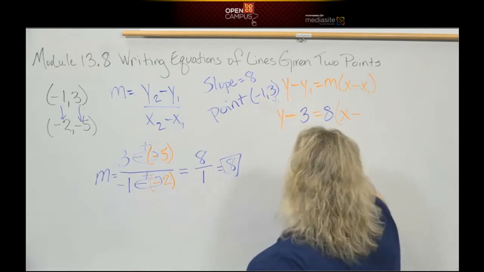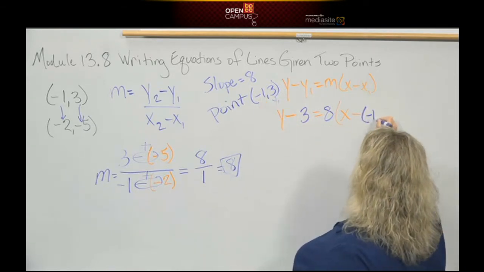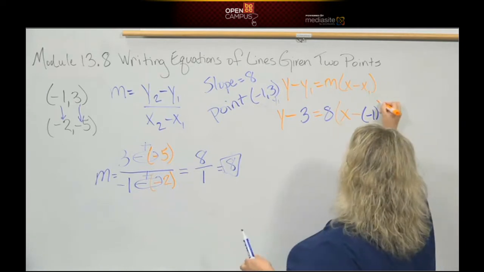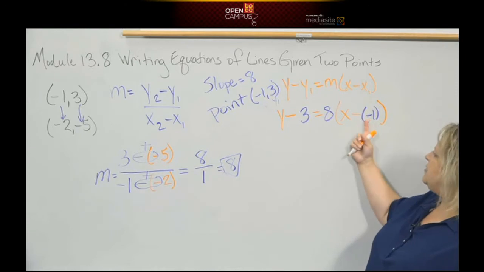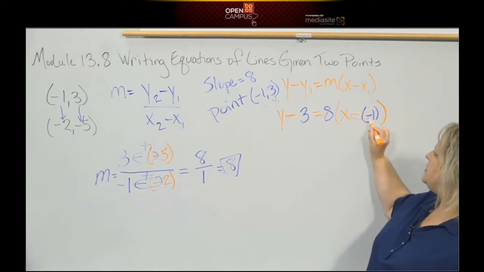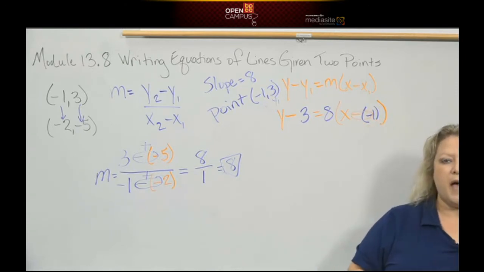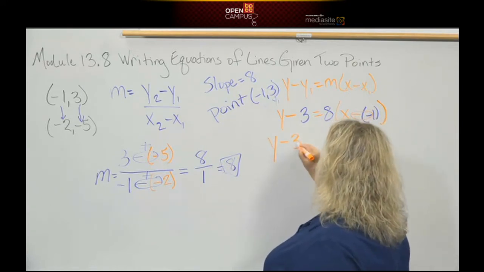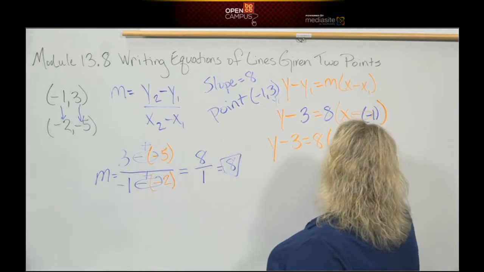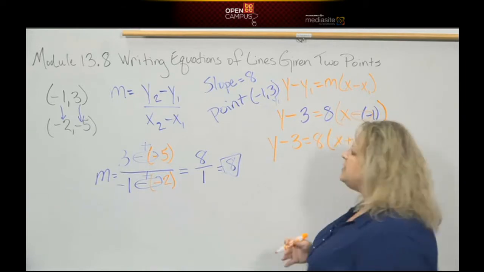It's that -1 right there, right? So -1. So there is my point slope form. The next thing is, remember these double negatives that we can't stand? Let's rewrite it without the double negatives. So that gives me y minus 3 is equal to 8 parentheses x plus 1. Now that's point slope form.